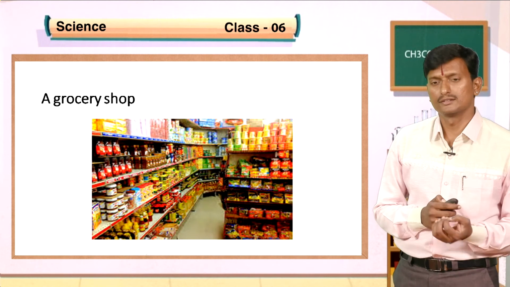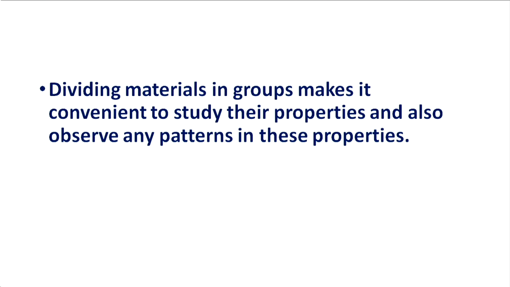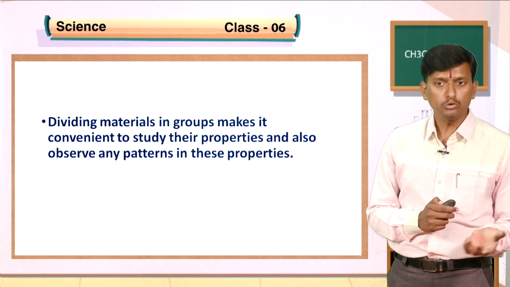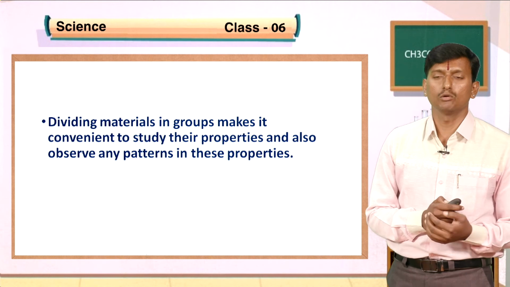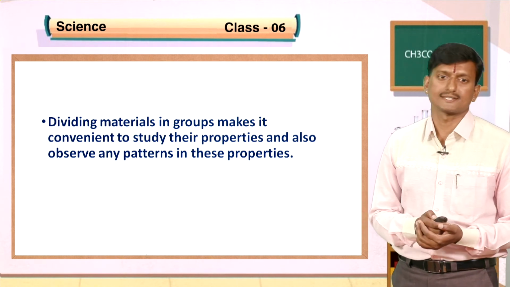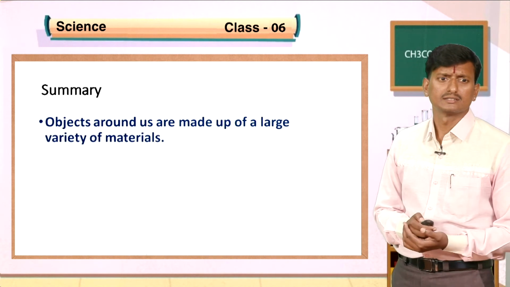That is why we sort the materials. Dividing materials into groups makes it convenient to study their properties and also observe any patterns in their properties. In higher classes, we will come to know the modern periodic table, how the elements are grouped, the sorting of elements. Students, now comes the summary of this lesson.